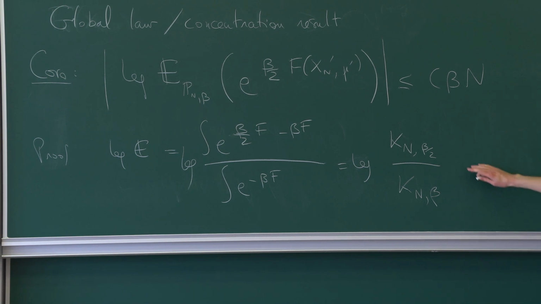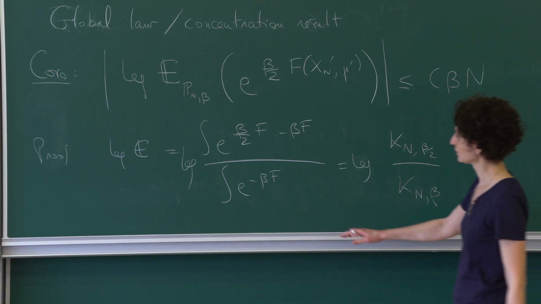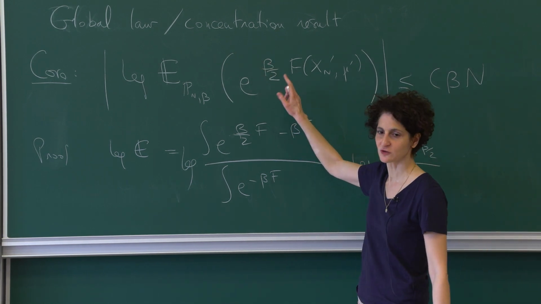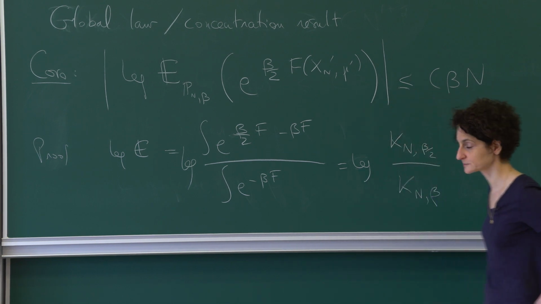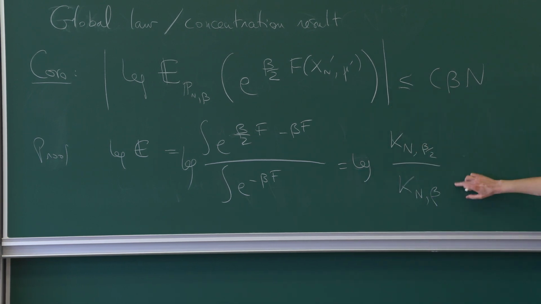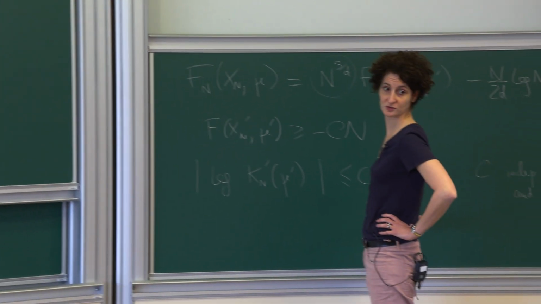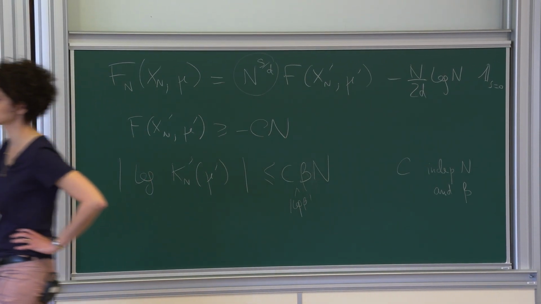So if you're able to do the ratio of partition functions at different temperatures, you get the exponential moments of the energy. That's normal, nothing unusual here. Of course, this is why I have beta over 2. I cannot have more than beta. And now the log of this, by this relation, I control it by c beta n again.